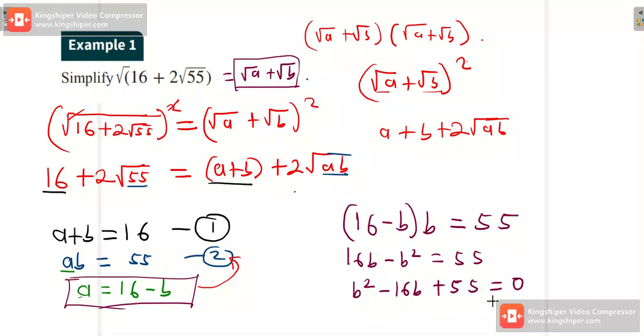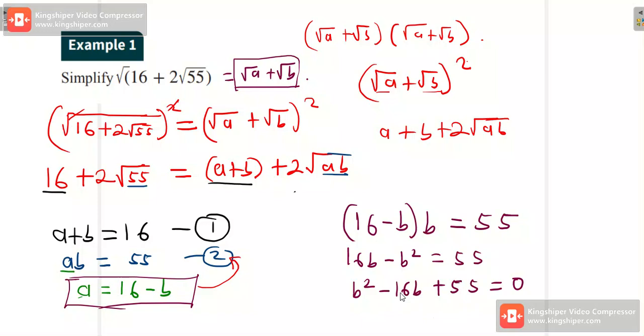So when we get to this point, you need to solve. This is called a quadratic equation, and you should be able to solve this quadratic equation. So let's try to solve it by finding two factors of 55 such that when you multiply the two numbers, you get 55, but when you add the two, you get negative 16.